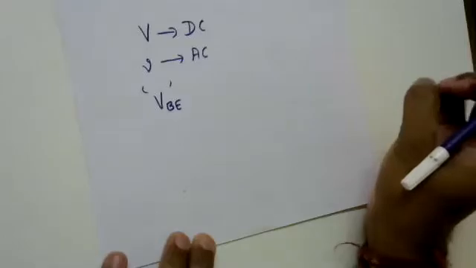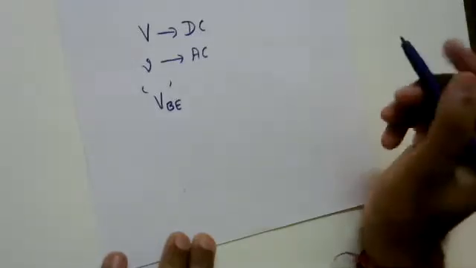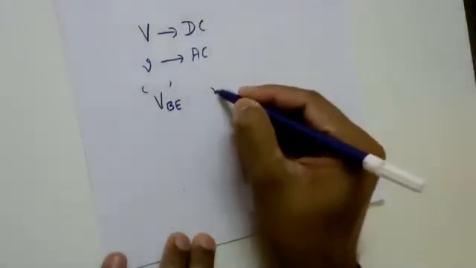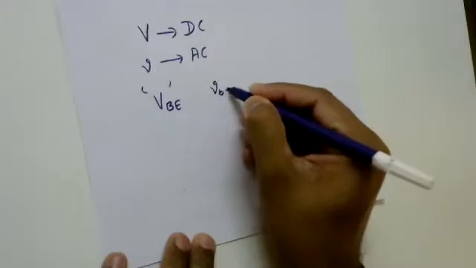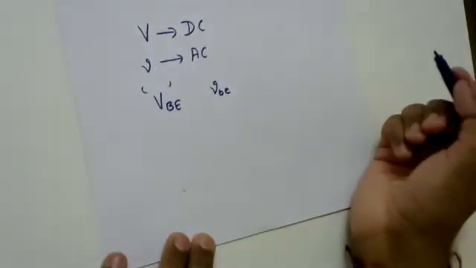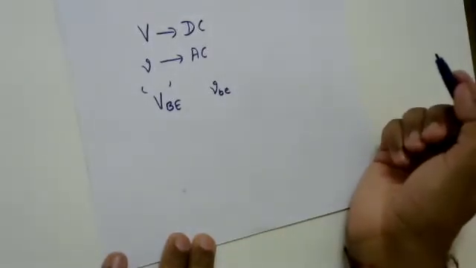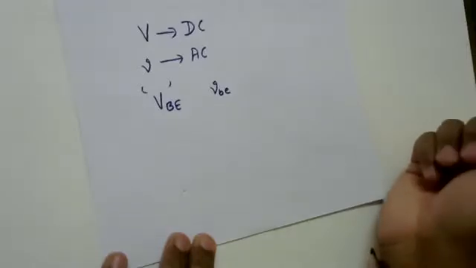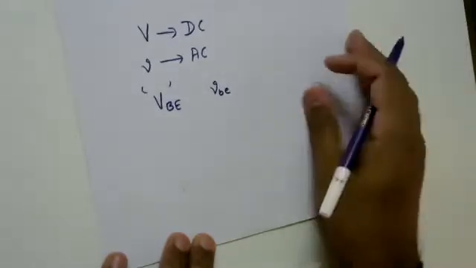Answer in the group chat. It's a DC. Good. Now if I write this as small vbe, what term is it indicating? It is indicating an AC term.